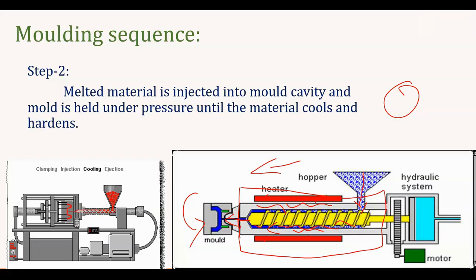Usually at the starting of the process, the die will be closed, so the molten material is injected into the mold cavity and allowed to cool, because it is fitted with cooling systems.